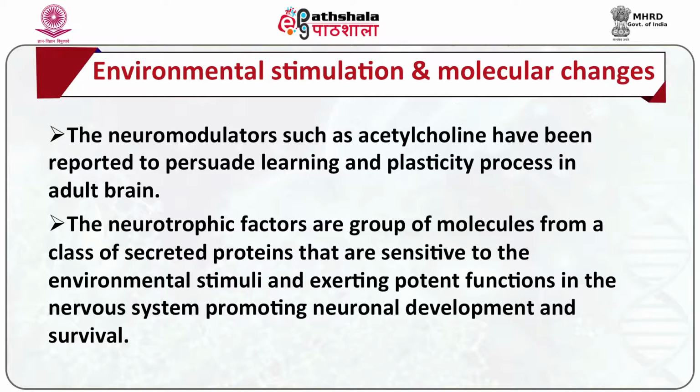The neuromodulators such as acetylcholine, serotonin and norepinephrine have been reported to promote learning and plasticity processes in the adult brain, whereas at the same time they are also strongly engaged in the regulation of brain arousal.